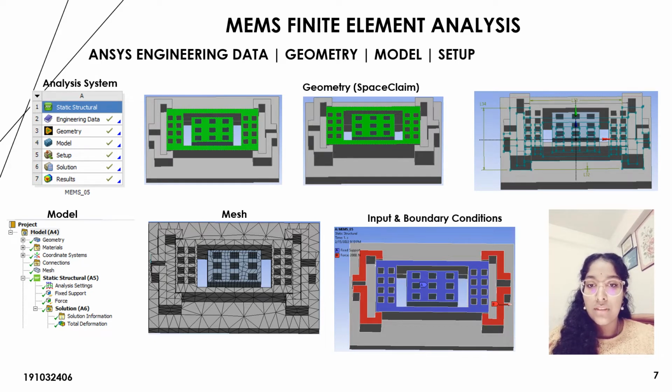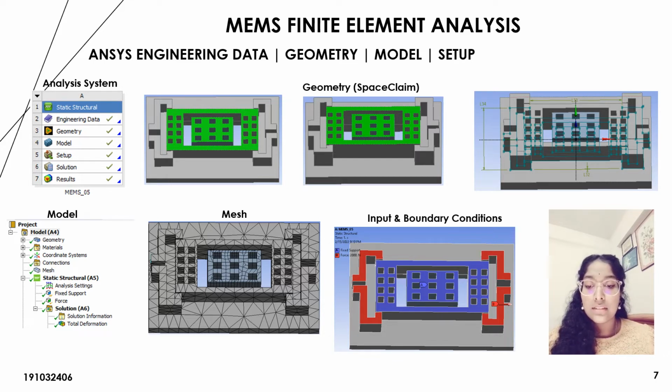Once we have generated the mesh, we do the static structure. In static structure, we can insert analysis settings, fixed support, and force. Then after we have generated that successfully, in the solutions we can find whatever we are looking for in this report. For example, here we have the solution of total deformation.